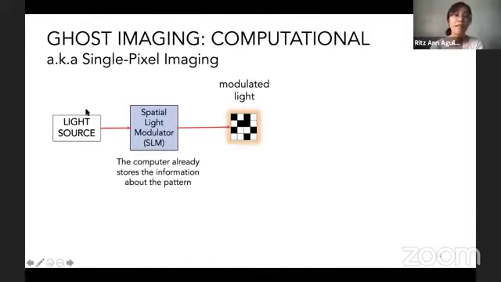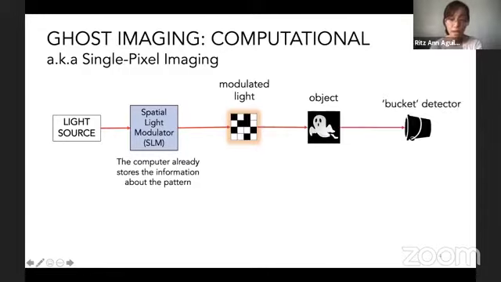Say you have a classical light source here, or even a quantum source, a laser source. So what you do is to pass this light source to your spatial light modulator, and you modulate the light by producing several structured patterns, and you project this onto your object. So for example, for this one, it's a transparency object, and you use a single pixel detector.